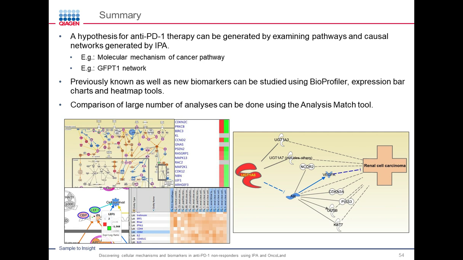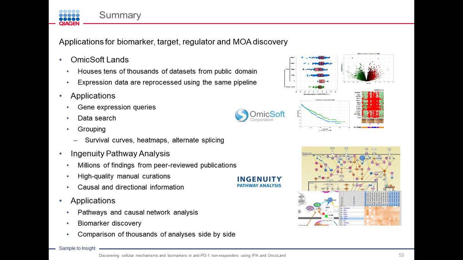So the idea here is that with the software I'm showing you, you don't need to have a data set to use them. Even without a data set, you can generate networks, and using those networks, you can generate hypotheses, design downstream experiments, and so on. My overall summary would be, we looked at 2 different software and 2 different databases. One software was Oncoland from Omicsoft, and the other software was Ingenuity Pathway Analysis.